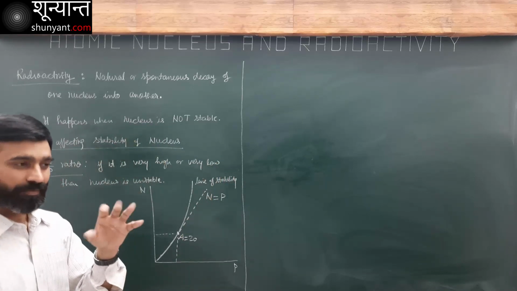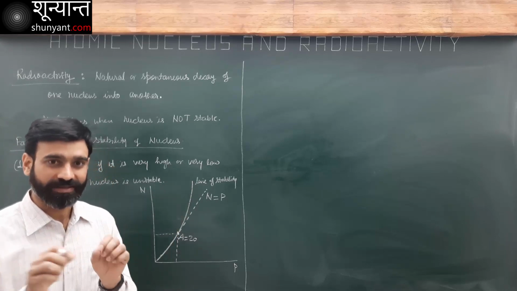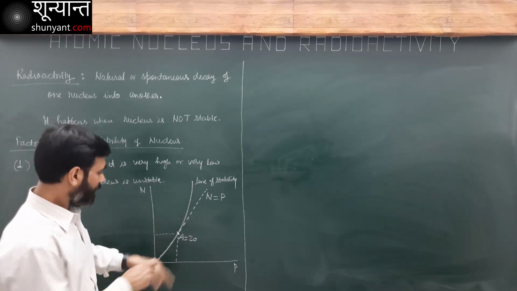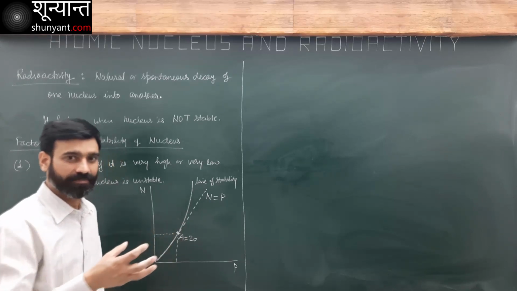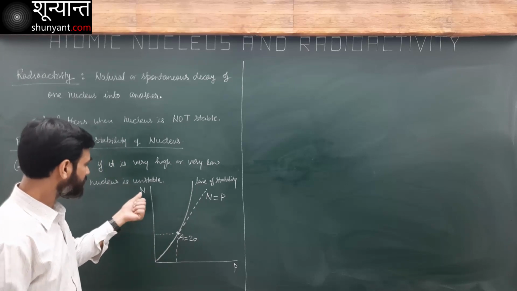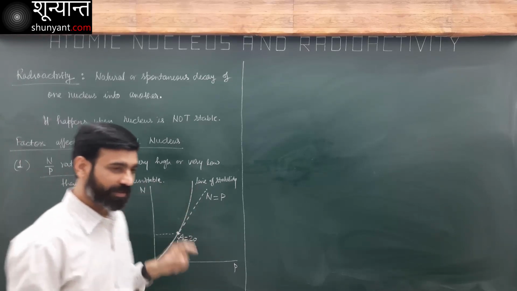If a given nucleus lies on this line, it is going to be stable. After a certain nuclear size, you see that this ratio becomes more than 1 for stability. Why do you think that is required?